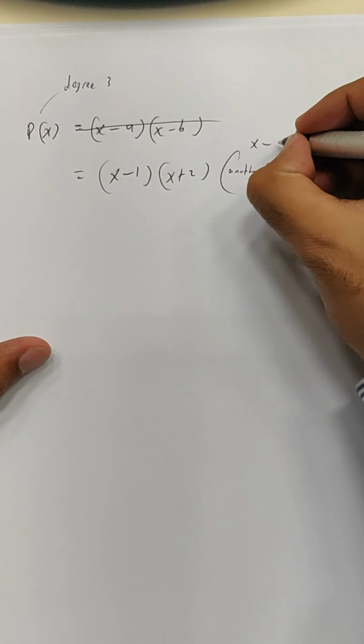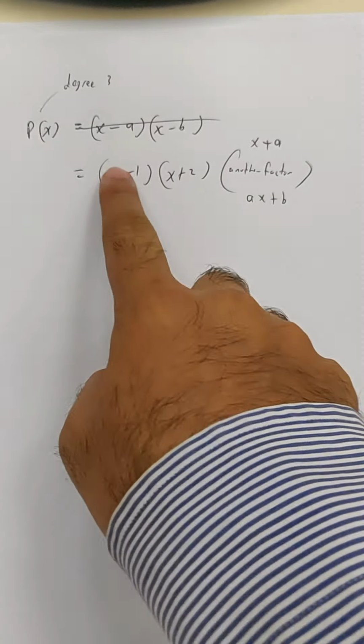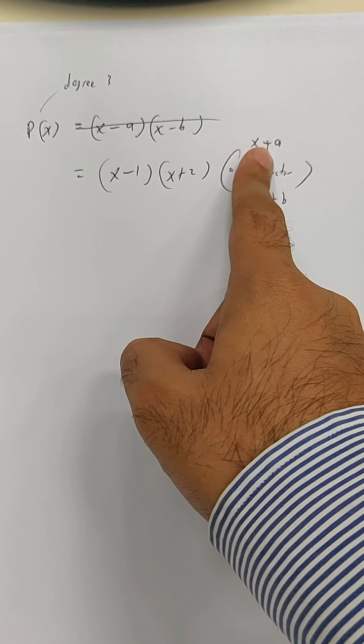Why shouldn't I just do x minus a? Why should I represent it as ax plus b, not x plus a? Why should I choose this one, not this one? If I choose this one, I mean this is fine.